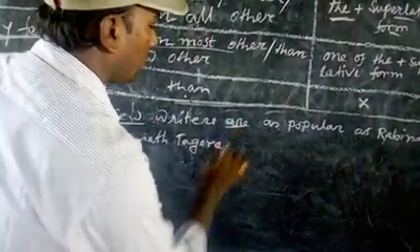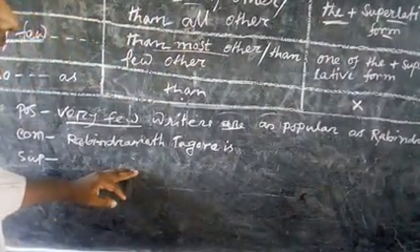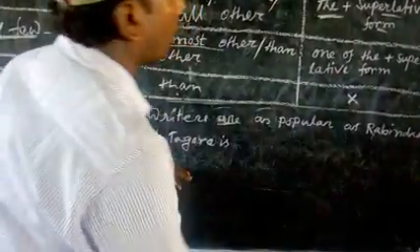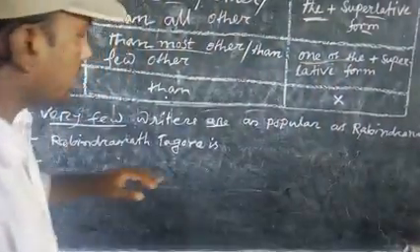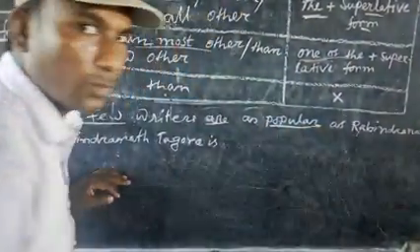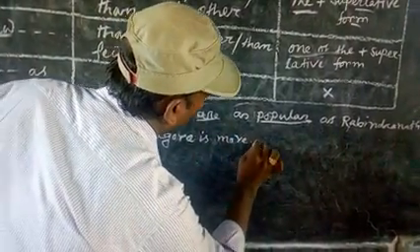The singular form of the verb is. Rabindranath Tagore is, comparative form of this positive word, more popular.